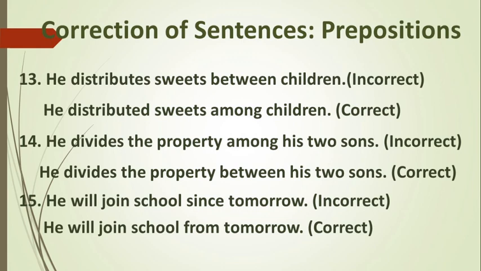Since and from, both prepositions are used in the sense of time. Since is used only in perfect tenses, whereas from can be used in any tense in the sense of time. So from is the correct one and not since.